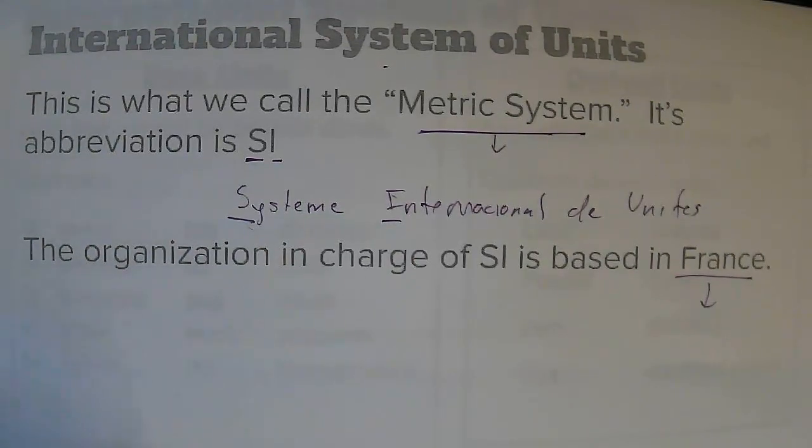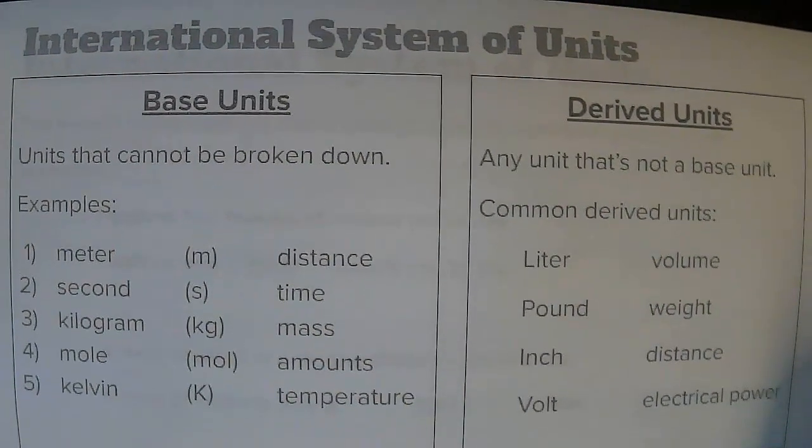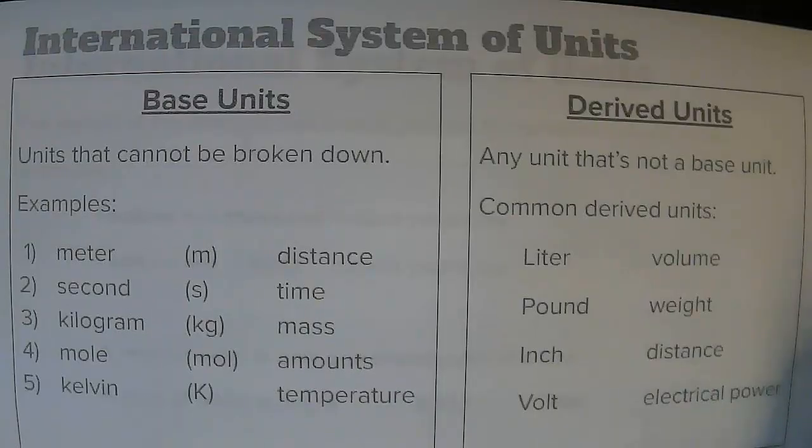The French keep it, and they are the ones in charge of making sure that the metric system and the standards that we use for it stay consistent. So in the International System of Units, SI, there are two types of units.